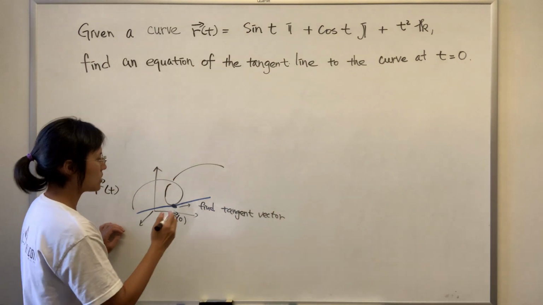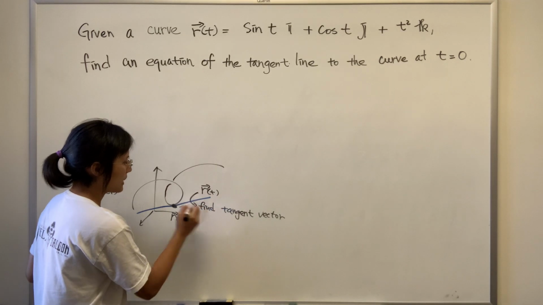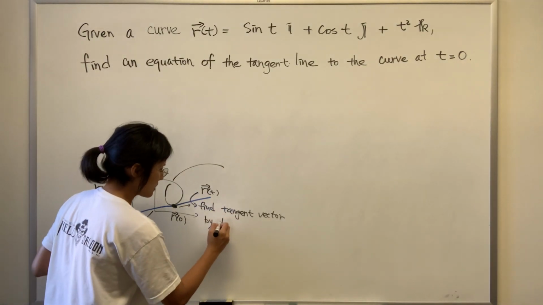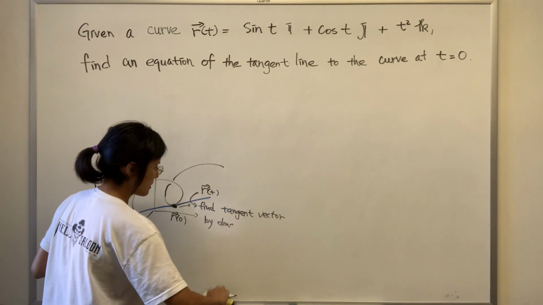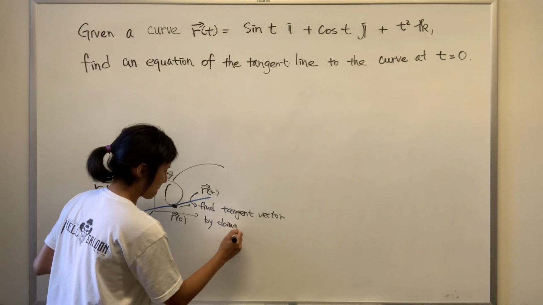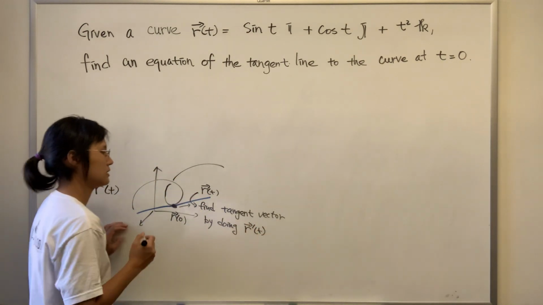When you have a curve, you can find a tangent vector by taking the derivative of the vector.